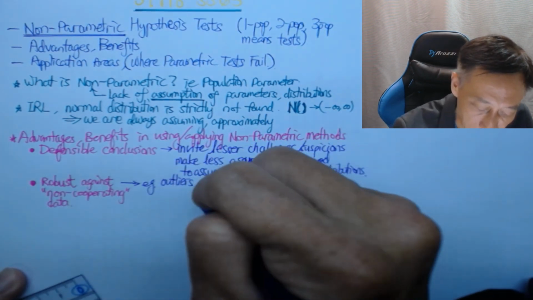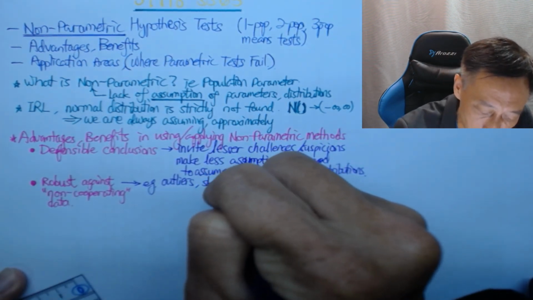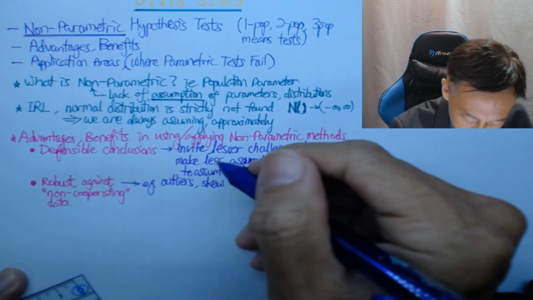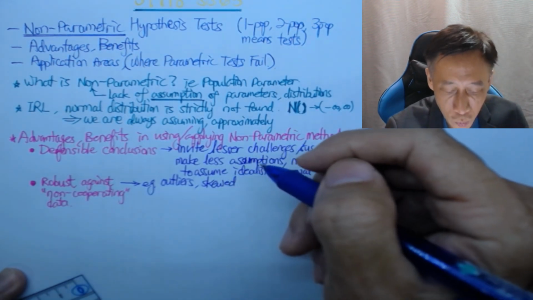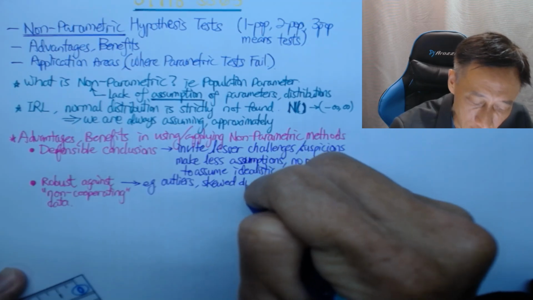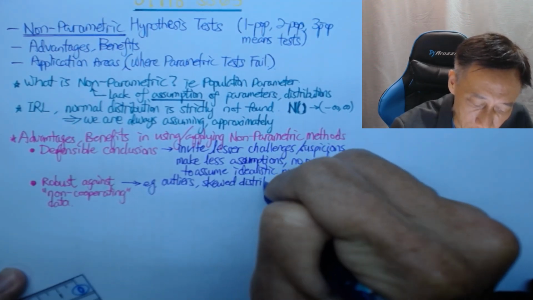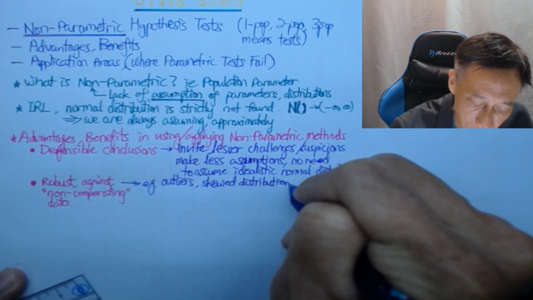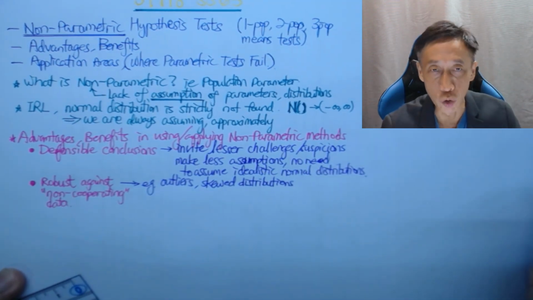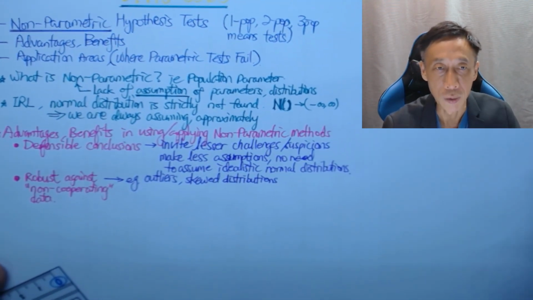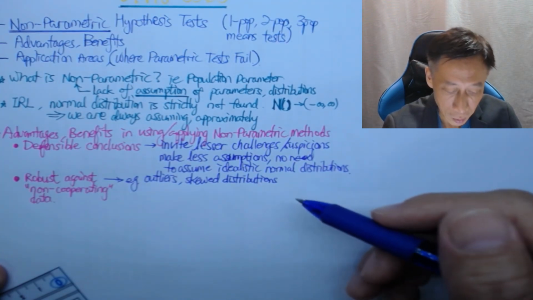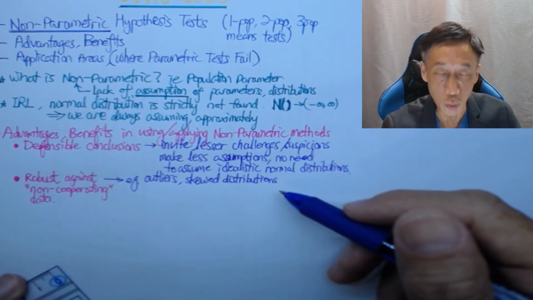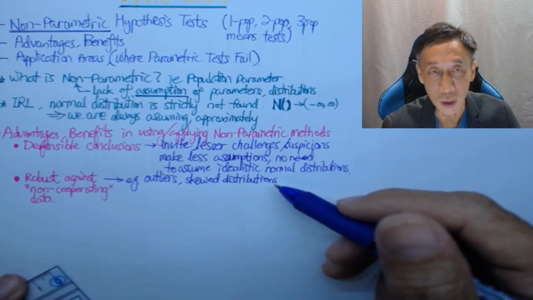So you don't have to worry about outliers. You don't have to assume that skewed distributions are symmetrical. They are basically not symmetrical. You will face a lot of skewed distributions in real life. I'll spend a little bit of time giving some examples in a while, right? So in real life, skewed distributions are plenty.